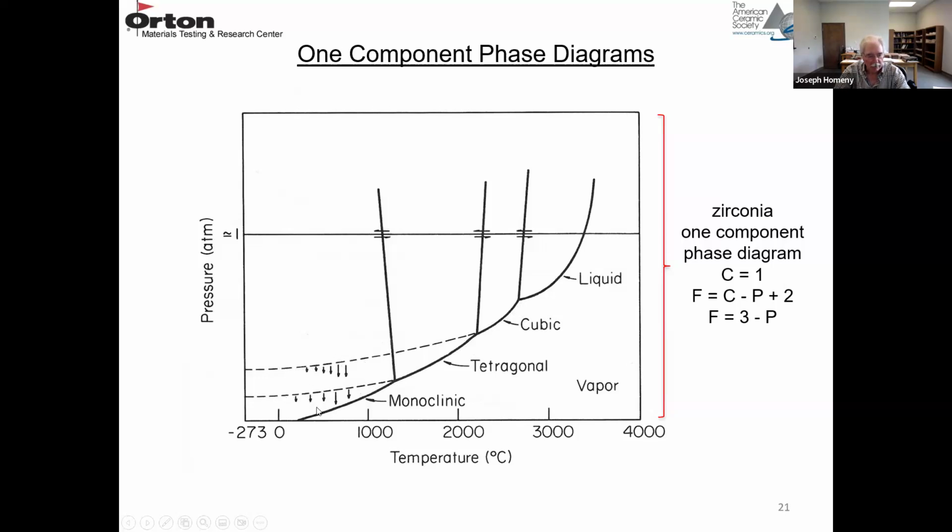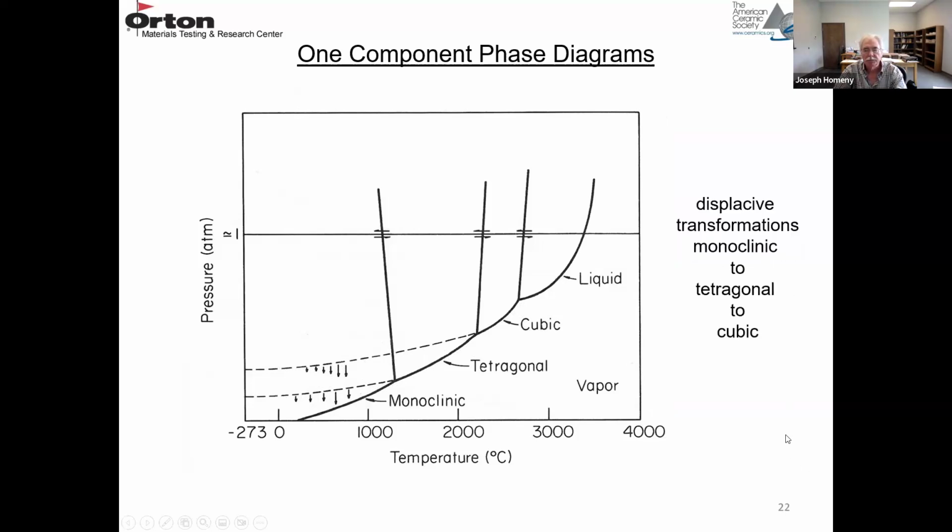But the arrows indicate that these transformations want to take place, but under certain conditions, you can prevent those transformations. And we'll go over that when we talk about zirconia-based refractories. So the monoclinic to tetragonal to cubic are all displacive phase transformations.